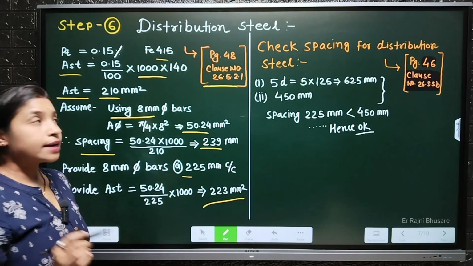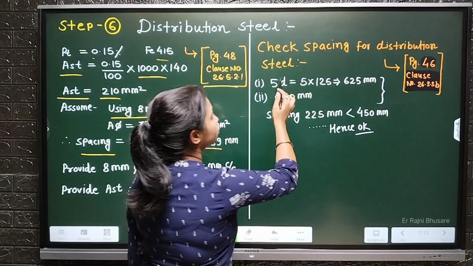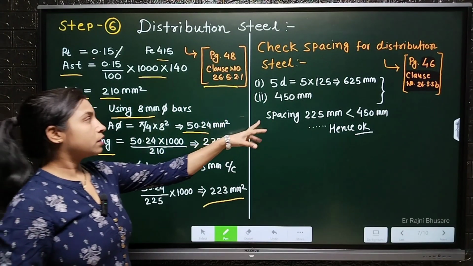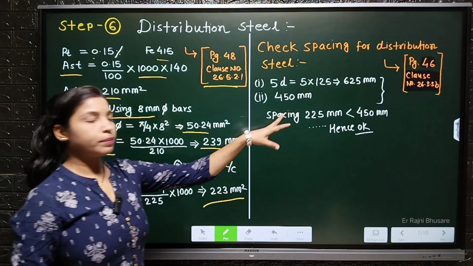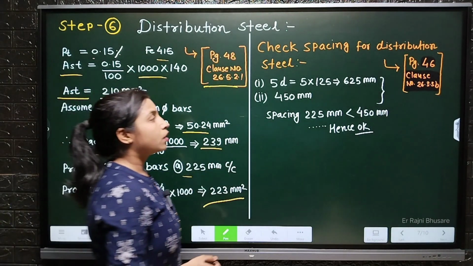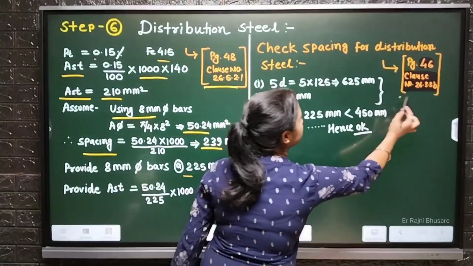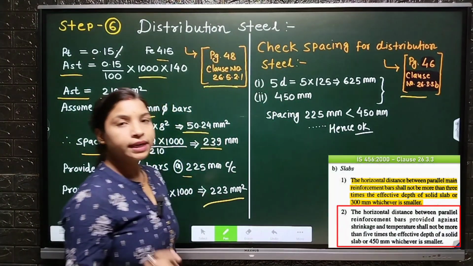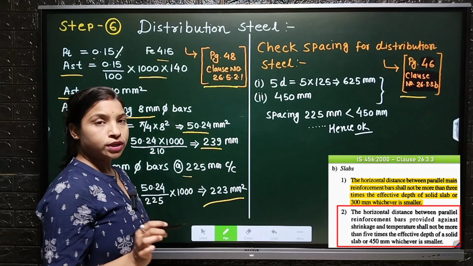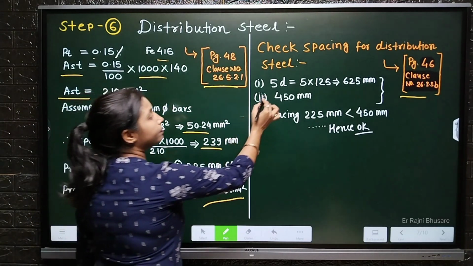After that, let's check the spacing for distribution steel. Here we have two parameters: first is 5d and second is 450 mm. These parameters are taken from IS code 456 on page number 46 and clause number 26.3.3b. Now to check spacing for distribution steel, the formula should be 5d.